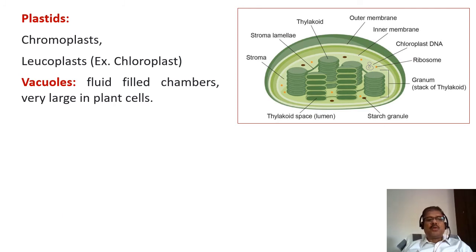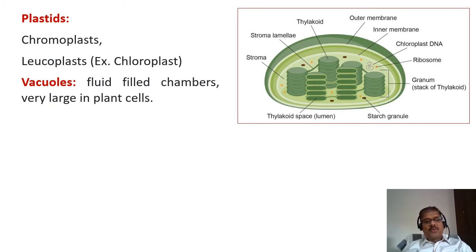Plastids too have their own DNA and ribosomes. Leukoplasts are responsible for storing food, such as carbohydrates, protein, and lipid. Chromoplasts impart various colors to the plant parts. A leaf of the plant is green in color because of the chloroplast. Chloroplast is the site of photosynthesis.